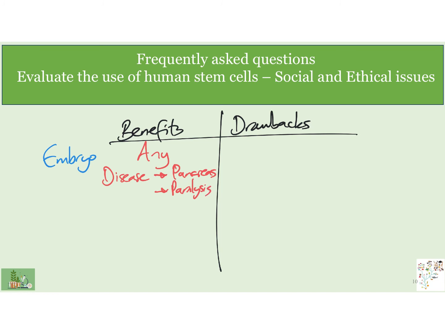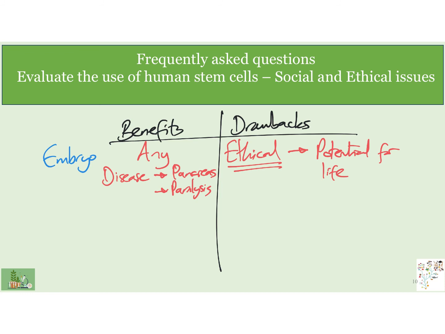However, there are massive ethical issues with using embryo stem cells. They do have what we call the potential for life. So an embryonic stem cell could become anything, which is why some people think that we should not use them.